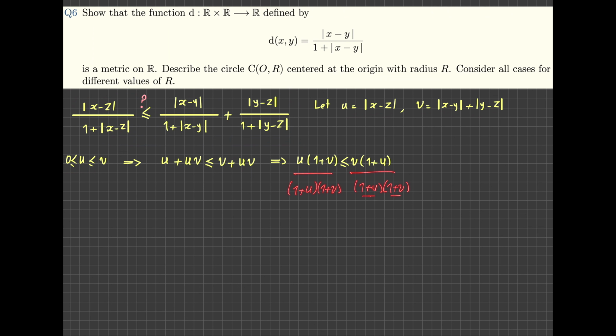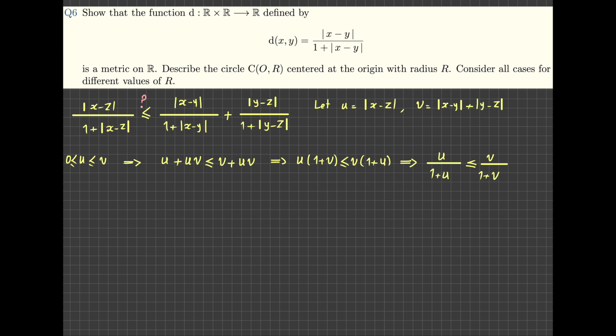When I do the division on the right hand side, this one and that one are gone. So u over 1 plus u is left on the left, and v over 1 plus v is left on the right. So if I do that, I will get this: u over 1 plus u is less than or equal to v over 1 plus v.